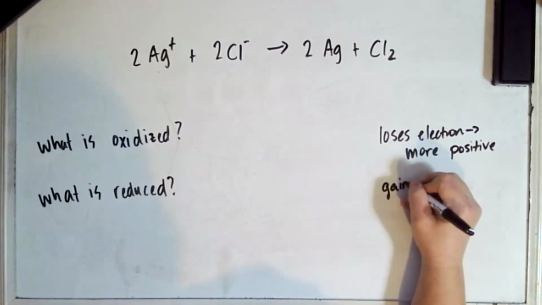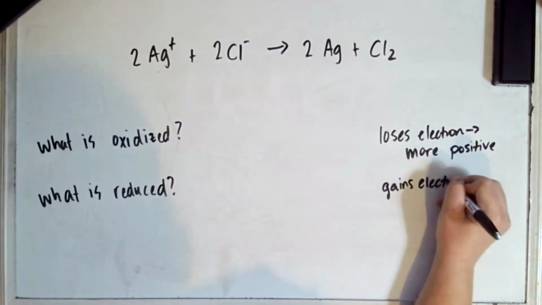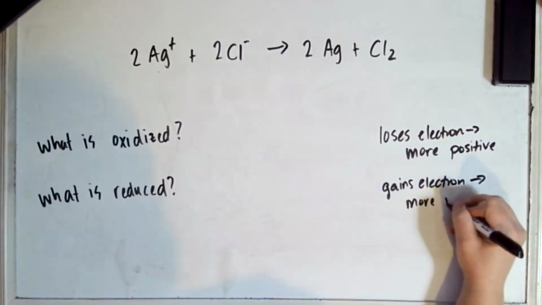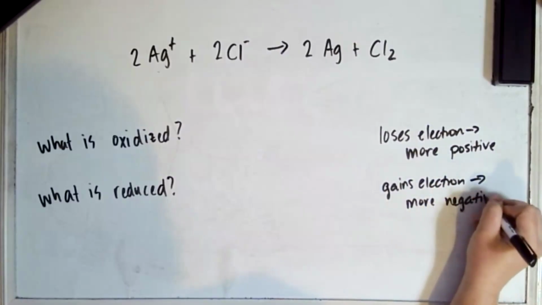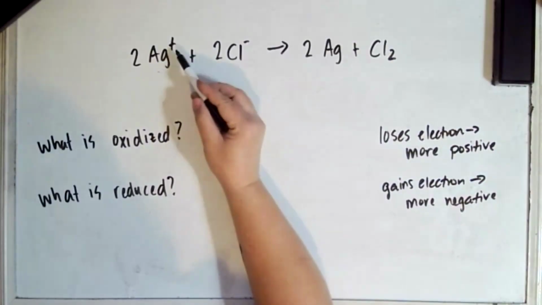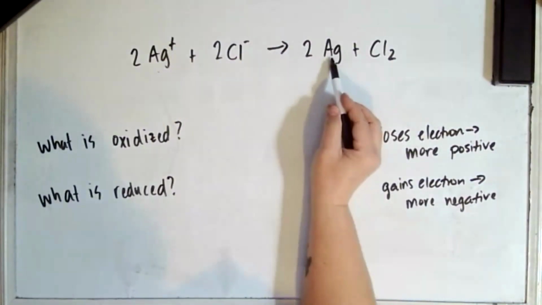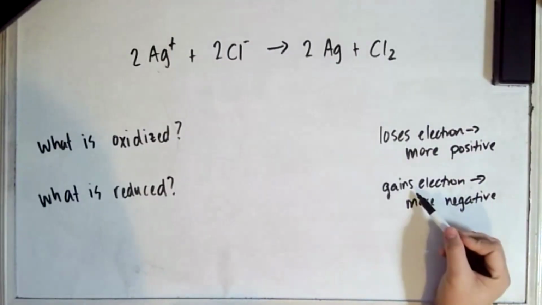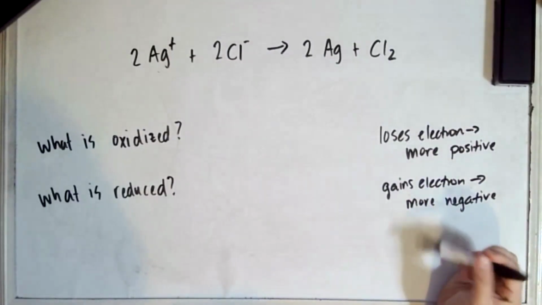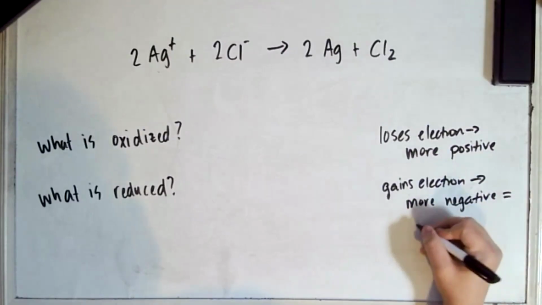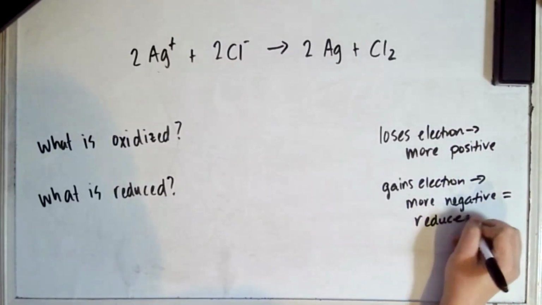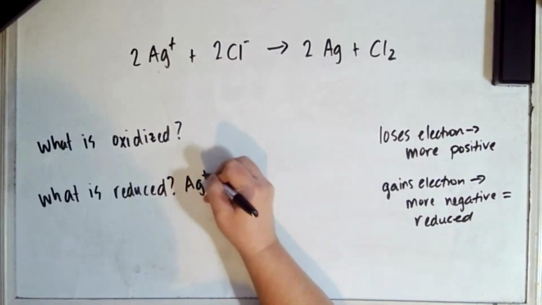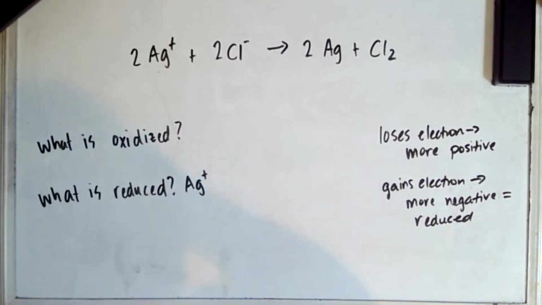If it gains an electron, that means it's going to get more negative. So if our silver went from being +1 to being neutral, it got more negative, which means it must have gained an electron, which means it must have been reduced.